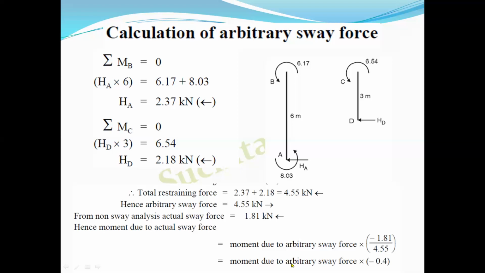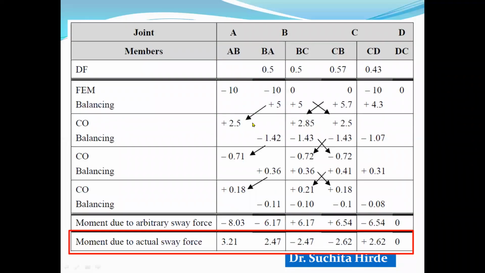So let us see how to calculate. This is the moment distribution table in stage 2 analysis, in which we have calculated the moments due to this arbitrary moment minus 10 kilonewton. So these are the moments we got due to this arbitrary moment. Now these are for arbitrary sway force. Now to calculate the moments due to actual sway force, we have to multiply this arbitrary sway moment by minus 0.4.